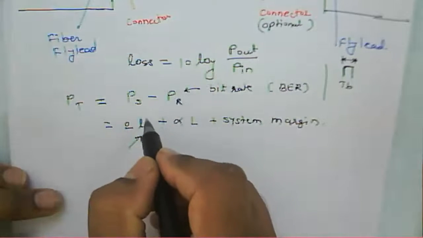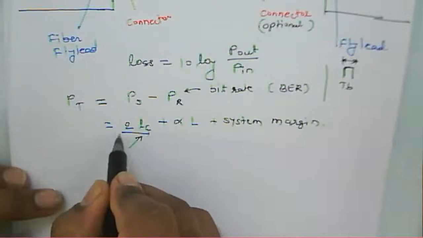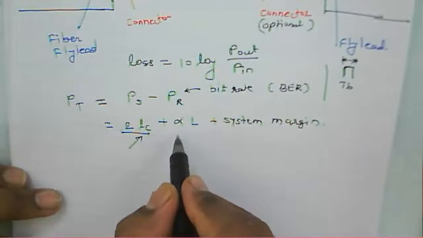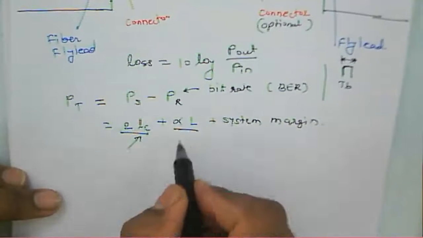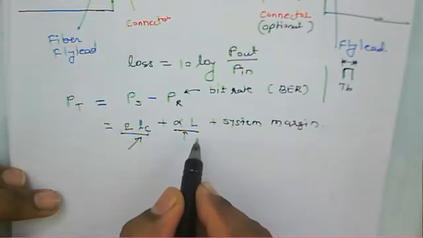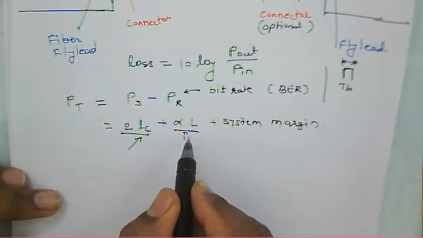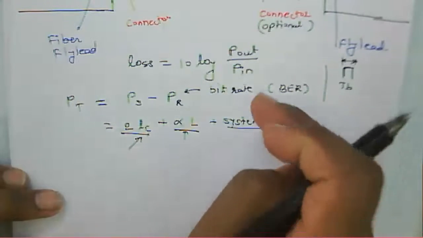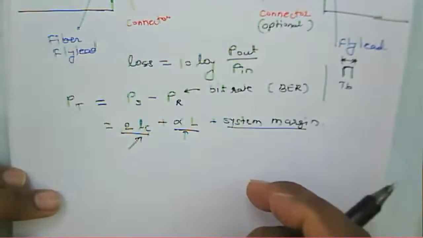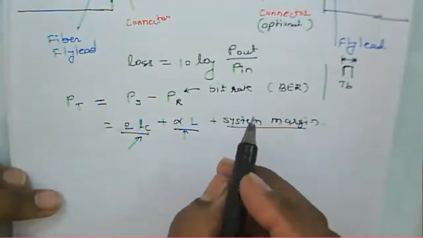Here we have a connector loss, which is constant, but this loss factor depends upon the length of the fiber. And the system margin depends upon the receiver sensitivity and the other components there.